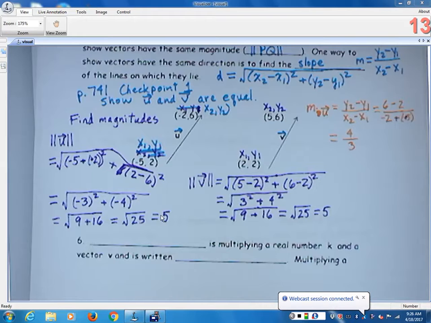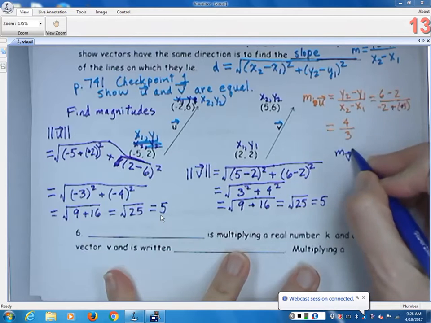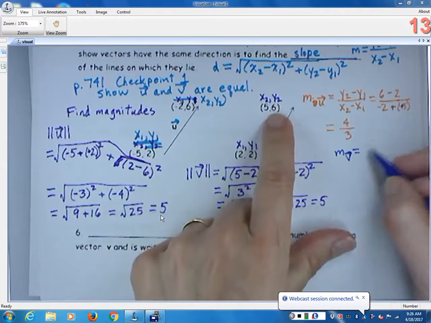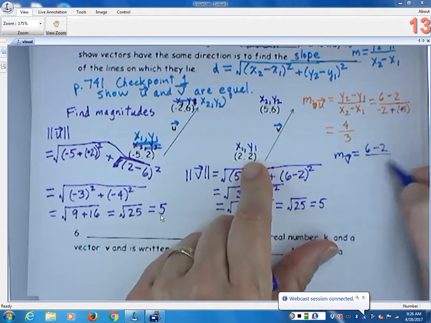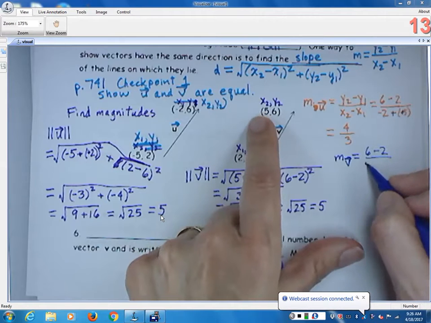What's the slope of v? m of v is, okay, 6 minus 2, change in y divided by the change in x, 5 minus 2.